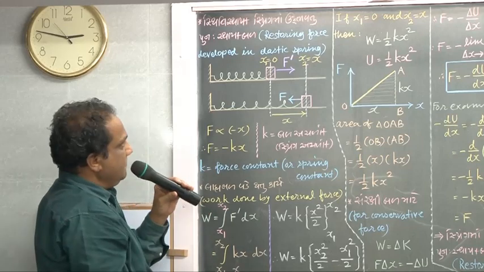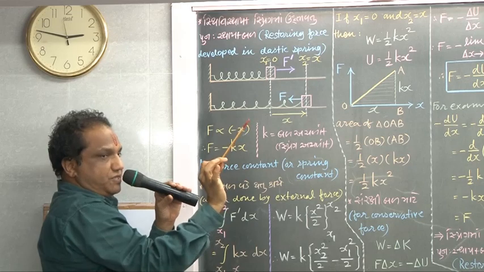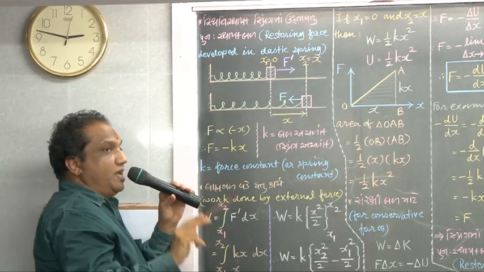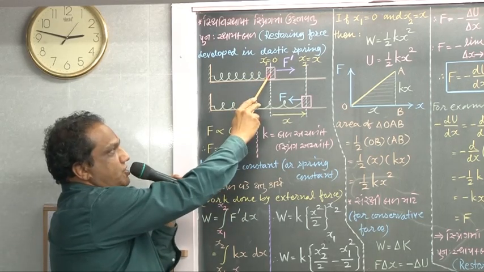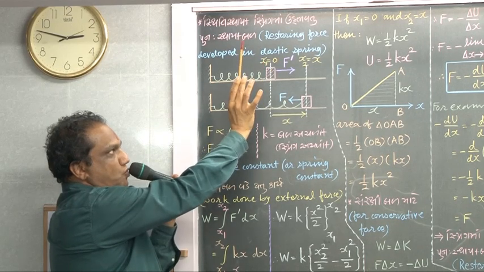Now, initially this block is at rest. Its rest position is also called sometimes equilibrium position. Let it be at origin, so I am putting x coordinate x1 equals 0.